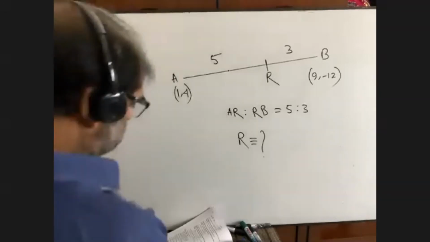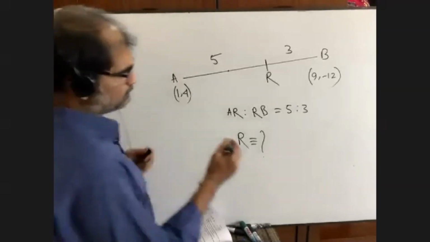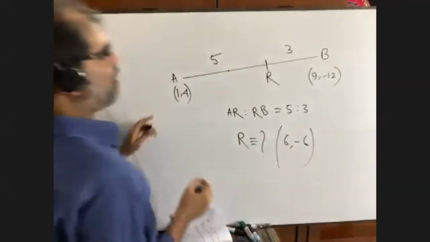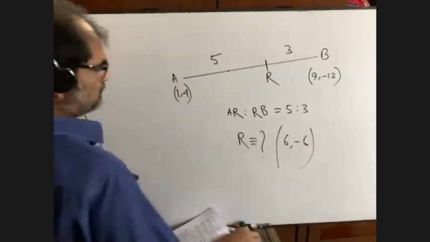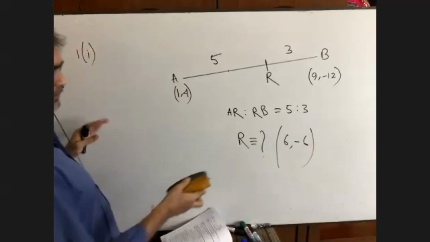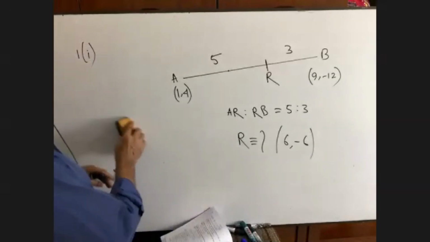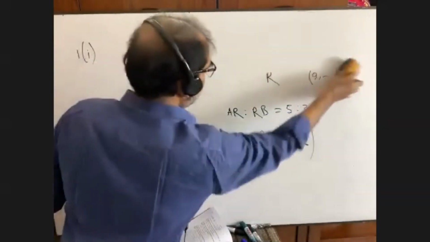Yes sir, I also got this. Okay. Is it okay? 6 comma minus 6. Okay.